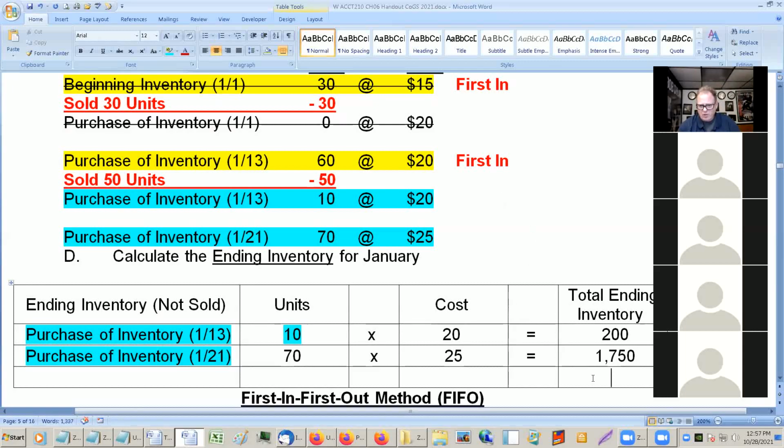So those two together would be 1,950. So this will be the total ending inventory.